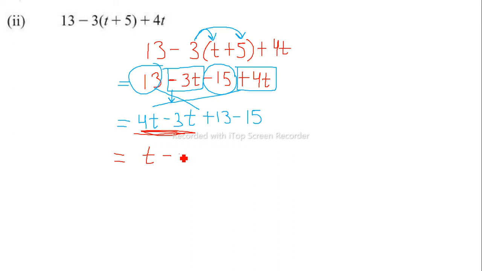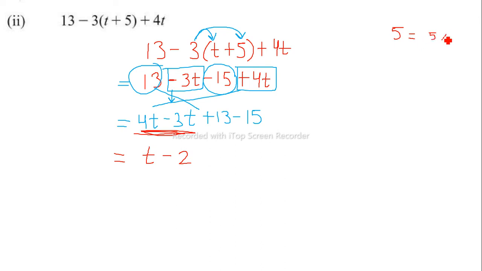Sorry, question. If we write 1t, would that be incorrect? It wouldn't be wrong, but it would be redundant. It's like, what is 5? We know 5 is equal to 5 times 1.